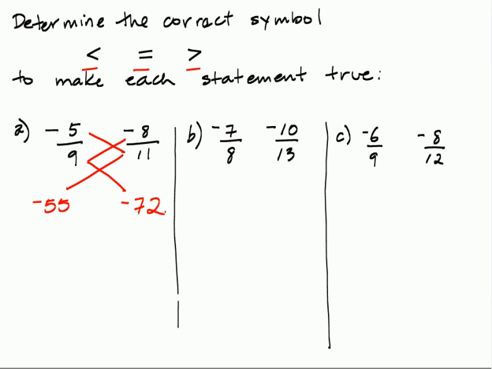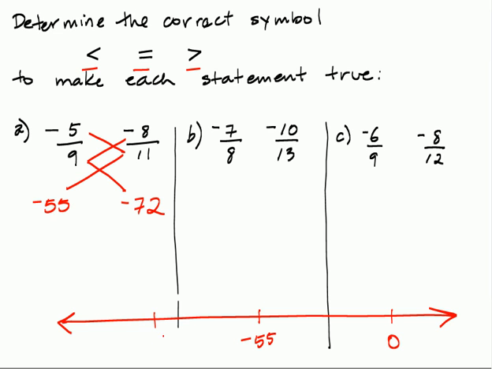Now with negatives, we've got to be kind of careful, so I'm going to go back to the number line. Since they're both negatives, let's put 0 over here. Where would we find -55 and where would we find -72? Well, as we go from 0 to the left, we would first come across -55, and then eventually we would hit -72.